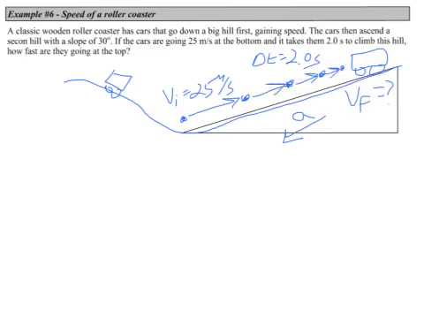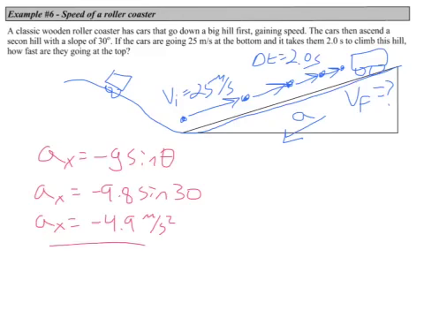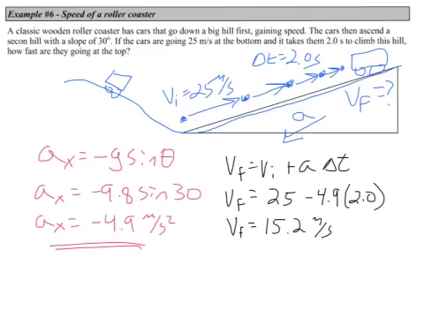So our acceleration points down the ramp, and our velocity points up the ramp, which means we're going to have a negative acceleration. Our acceleration in this case will be negative 4.9 meters per second squared. And once we figure that out, we can apply the kinematics equations to find the speed at the top of the ramp. We apply the first equation, and we end up with 15.2 meters per second.